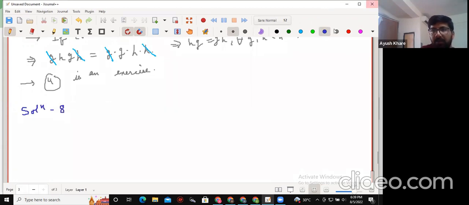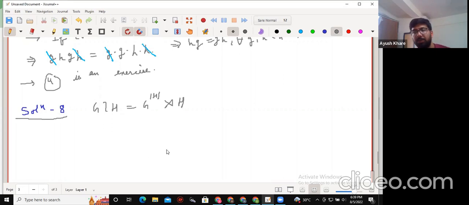Question 8. So in our case, the Reed product of G and H is just G raised to order of H, semi-direct product with H. Okay, so semi-direct product is just the set G cross H with a different operation, not just the multiplication as we see in the product of groups. So what is this operation?